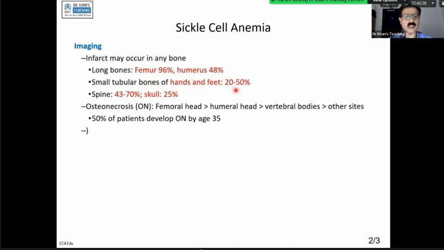Hands and feet can be involved in 20 to 50%, and spine in 43 to 70%. So the femur is one of the most common sites. Please also remember that in avascular necrosis in sickle cell disease, there can be secondary infections, so beware of that. There will be double findings: avascular necrosis and infections.